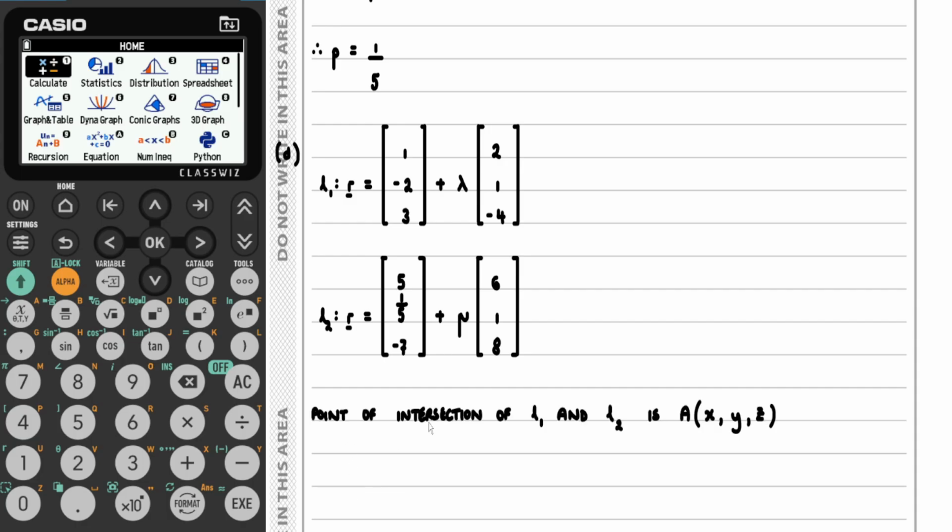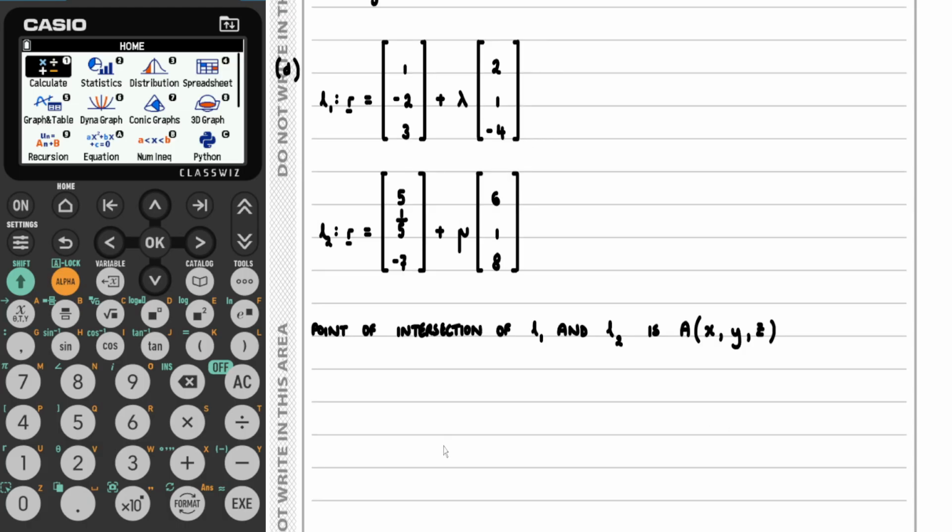And we know that the point of intersection of L1 and L2 is A, which I'm going to give general coordinates x, y, and z. So if I think about some general point on L1, (1 plus 2 lambda, negative 2 plus lambda, 3 subtract 4 lambda) will lie on L1.